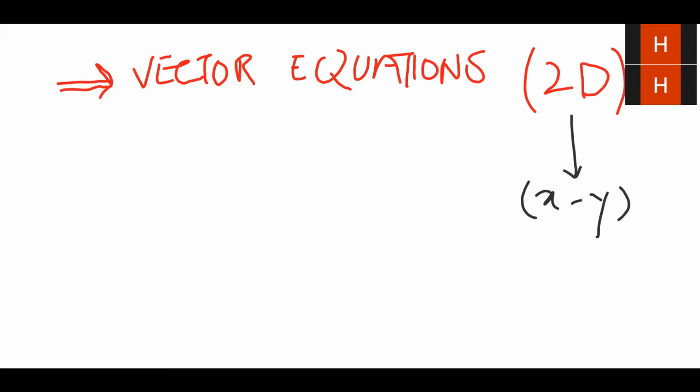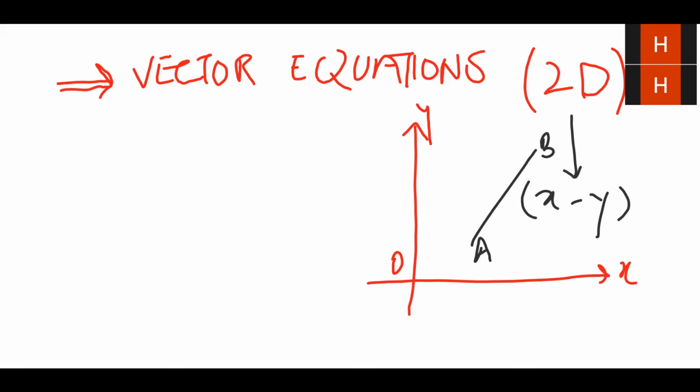Let's start from an example. If we have this coordinate system, with the x-axis and the y-axis, this is your origin, and you've got a vector, for example, AB.